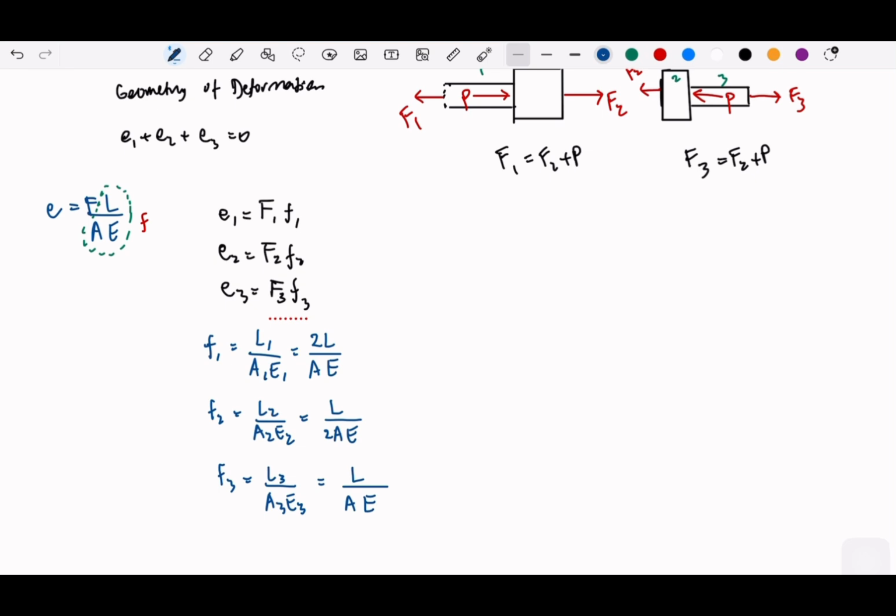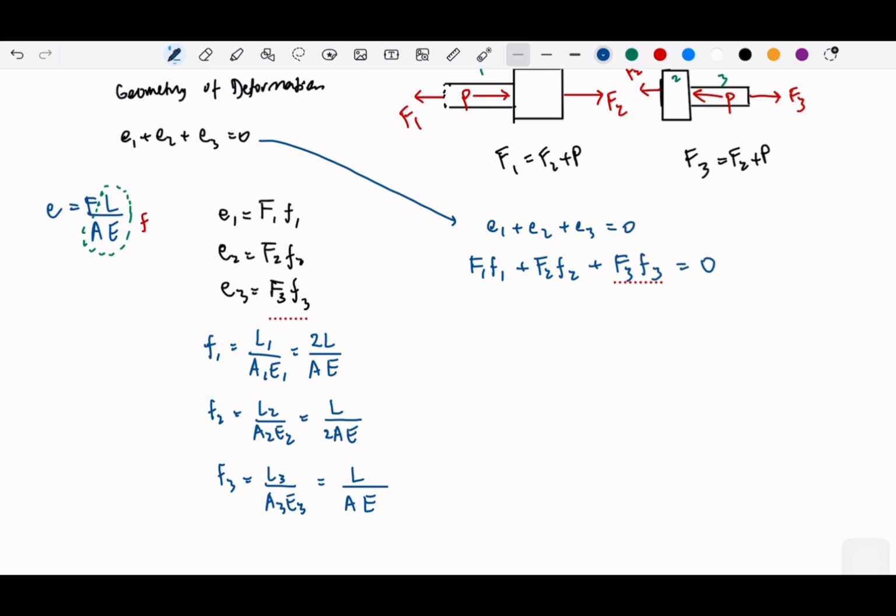So E1 plus E2 plus E3 equals 0. So F1 plus F2 plus F3, okay, equals 0.